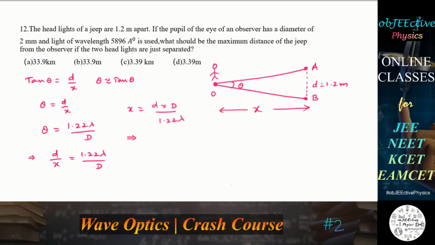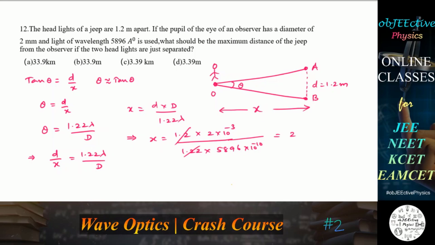or that implies x is equal to small d is given 1.2, capital D is given 2 millimeters, so 2 into 10 power minus 3 divided by 1.22 into lambda is given 5896 angstroms. 1 angstrom is equal to 10 power minus 10 meters. Approximately 1.2, 1.22 cancel.